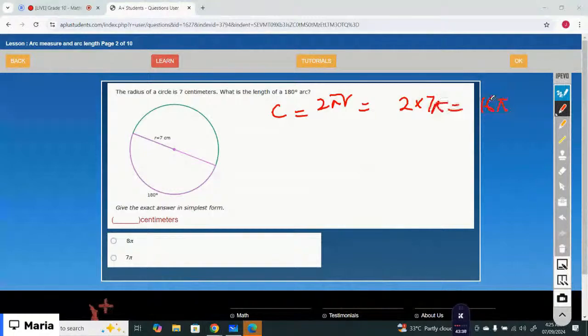Okay, then you have to calculate the arc. So you can do C times m over 360, right?